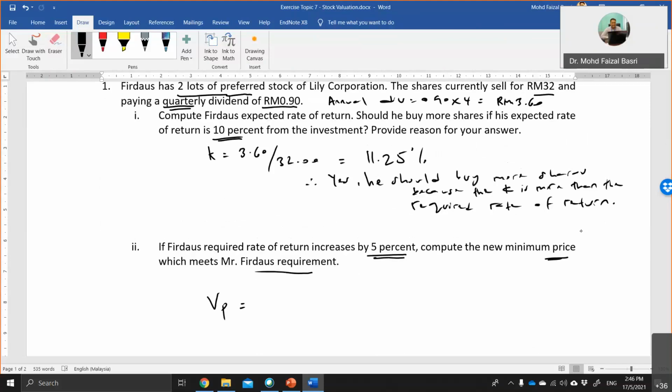The dividend is still $3.60, but if you remember the VP from earlier, the formula is VP equals D divided by K. So the K, required rate of return, increased by 5%. Originally the return is 10%, but now it increases by 5, meaning 15%. So we're going to divide by 15% here.